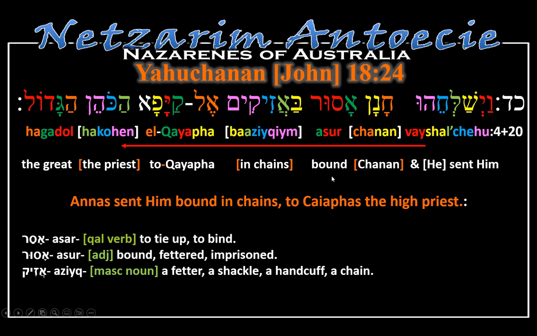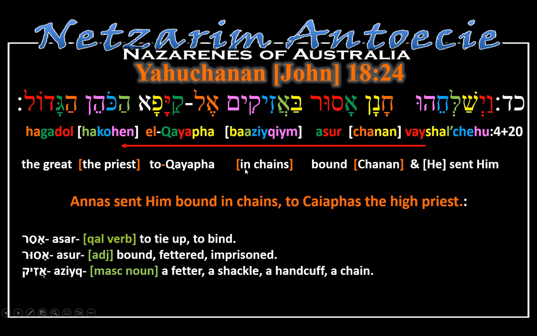Asur, bound. If we look down here, asar is a kal verb to tie up, to bind, and asur as an adjective is bound or fettered or imprisoned. And then we've got ba'azikim. Now we know that the ba means in, so we've got to look at the other word, and it is azik. Azik is a root word, masculine noun. It means a fetter, a shackle, a handcuff, or a chain, right?